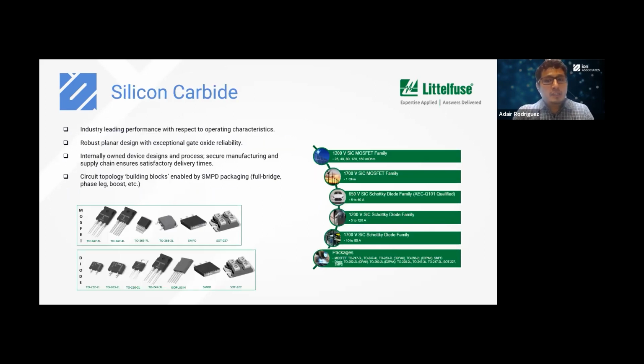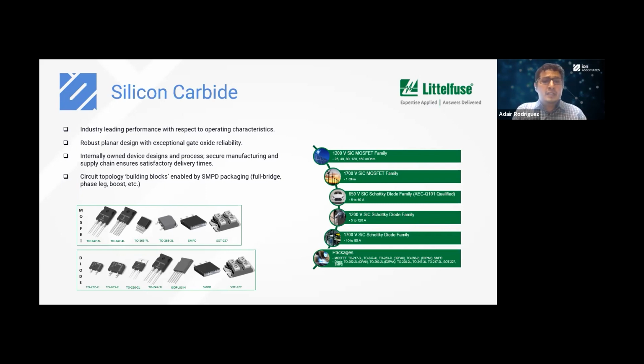With silicon carbide, the portfolio is really big. We have products for diodes and MOSFETs in surface mount or through-hole package. The RDS(on) for the MOSFETs, for example, can range from 180 milliohms down to 25 milliohms, and their technology keeps improving, so we will see better products with lower RDS(on).